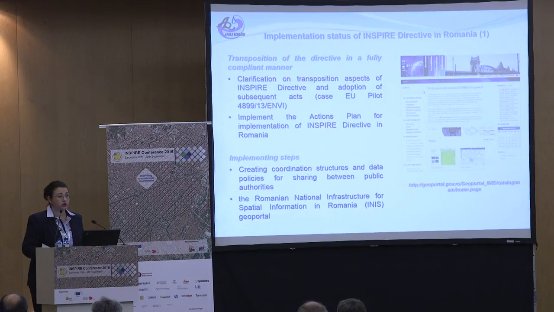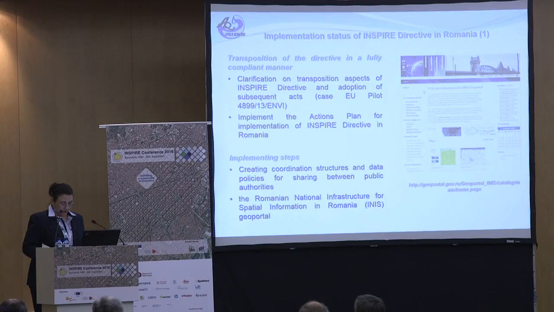The first solution adopted in Romania was to create a national infrastructure for spatial information. This was a result of the European project, which was developed to set up the technical and the legal framework for the function of this national infrastructure for spatial data.